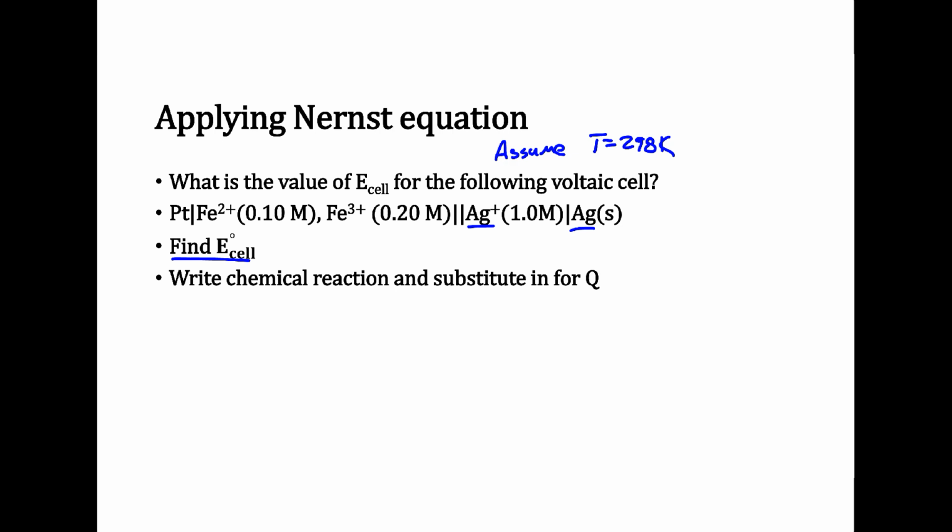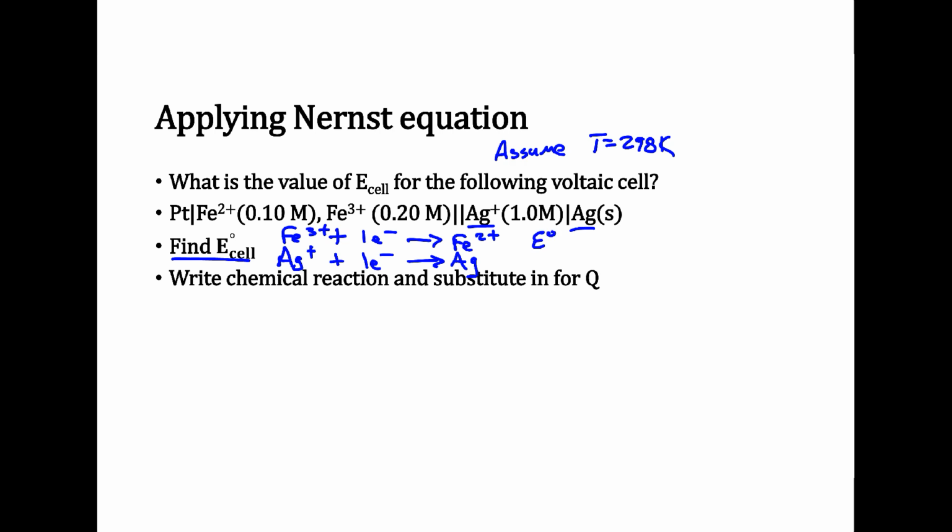All right, so let's go ahead and find E cell. What we would have to do is look up the reduction potentials for the reaction at the anode and the cathode. So the reduction potential for iron would be Fe3+ plus 1 electron yields Fe2+, and then we also have to look up Ag+ plus an electron yields silver.